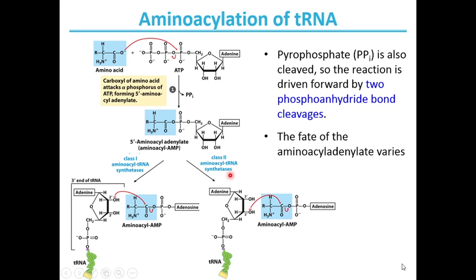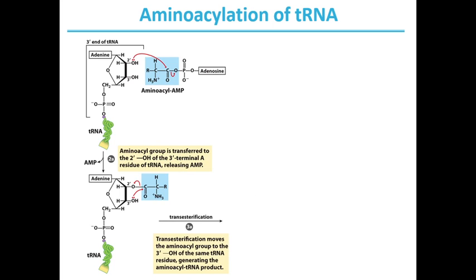In the second class, the aminoacyl tRNA synthetase class 2 uses the 3' hydroxy to attack that particular carbonyl carbon of aminoacyl AMP. What is the result? The result is the formation of aminoacyl tRNA. And in this case, an aminoacyl group that is attached to the 2' hydroxy in case of class 1.